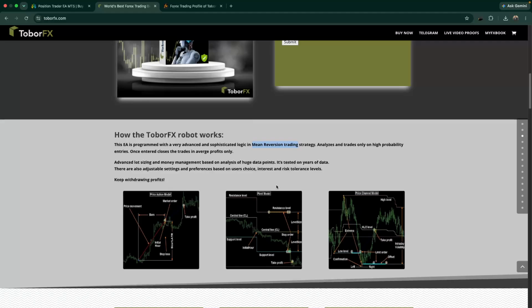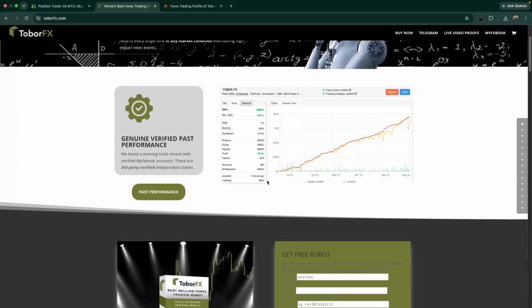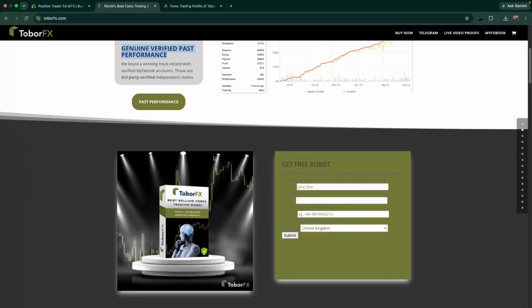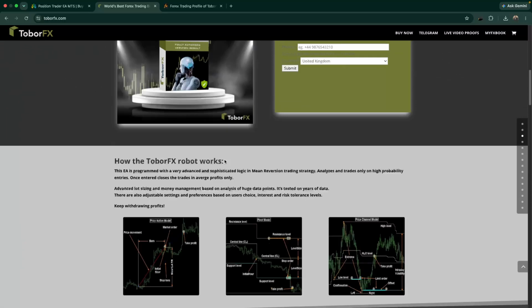The developer says the logic is advanced, it's tested on years of data, according to him, and they claim they have genuine, verified past performance, and also that it works well on high impact news.